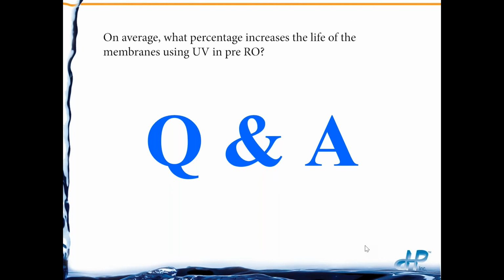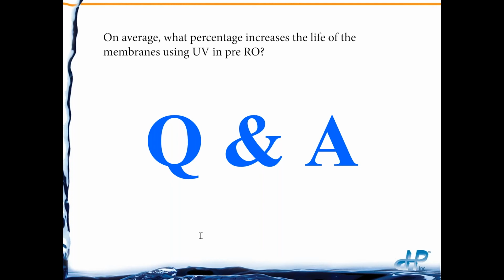Another question here: on average, what percentage increases the life of the membranes using UV in pre-RO? That's something that we've been working on. The theory is that it would essentially, whether it's by reducing the bioburden and reducing the burden on a CIP system, or doing a dechlorination application, be preserving the life of that membrane.